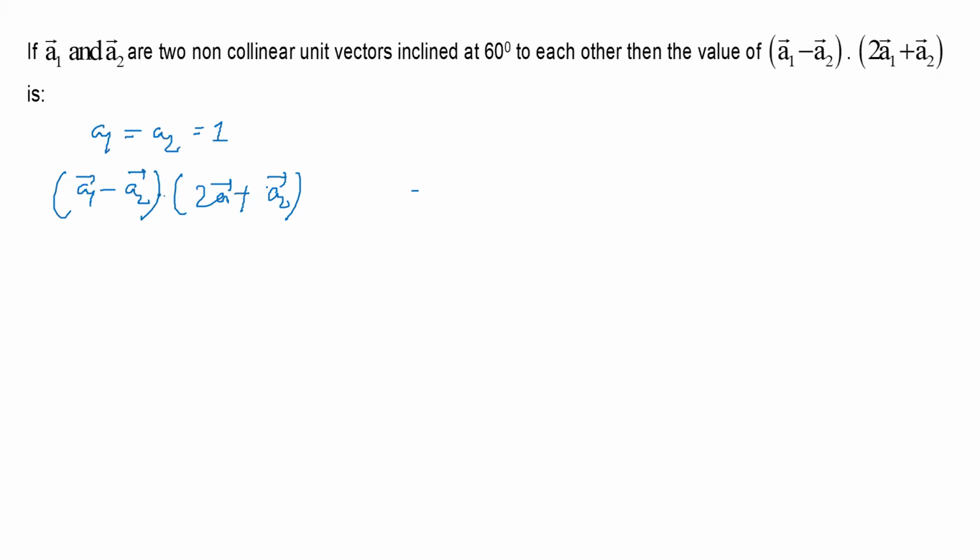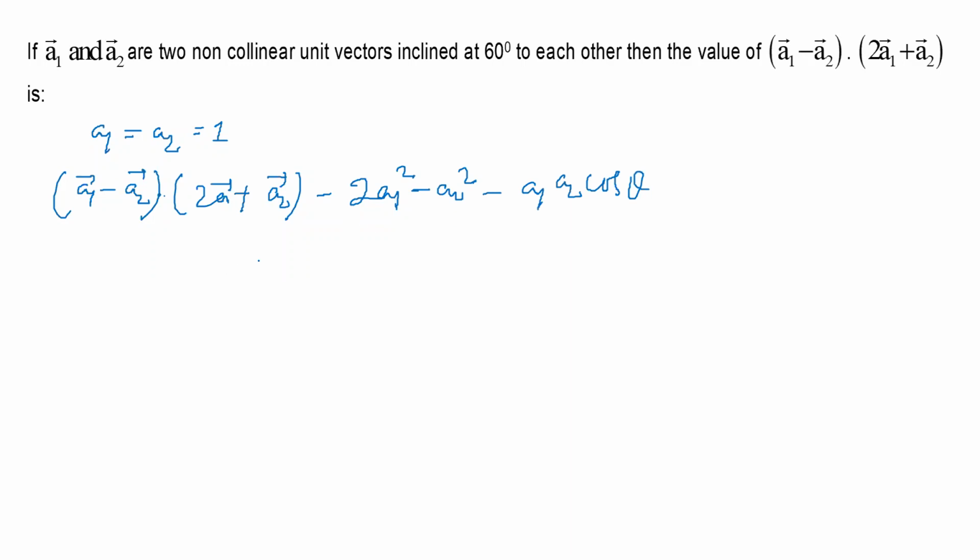So that will be, students, since there are two non-collinear vectors, how much? 2A1 square plus A2 square plus A1 A2 cos theta. And if I multiply, A1 plus A2 minus 2A1 square minus A2 square minus A1 A2 cos theta.